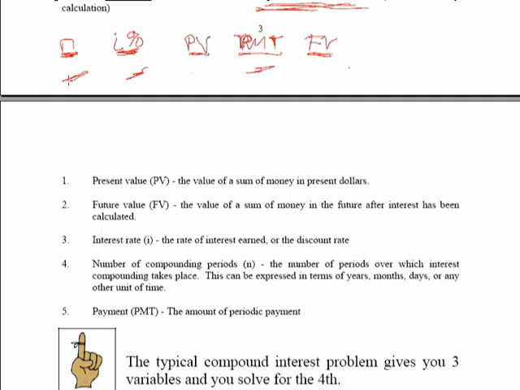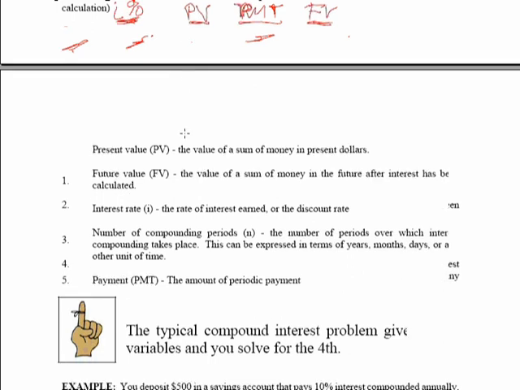If I'm given N, I, and PV, I can solve for future value or payment. So basically, it's kind of like a puzzle. If you put in three pieces of the puzzle, you can always solve for the fourth piece. That's kind of how I think about these problems. I know at first it doesn't sound like it's going to be fun, but once you get the hang of it, it can be a lot of fun too.